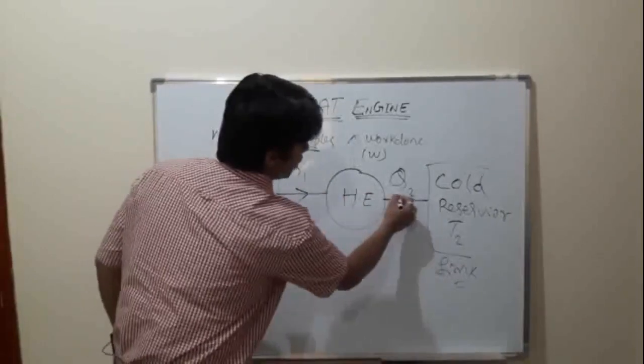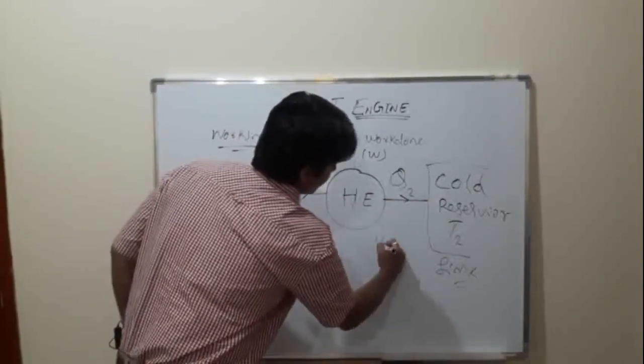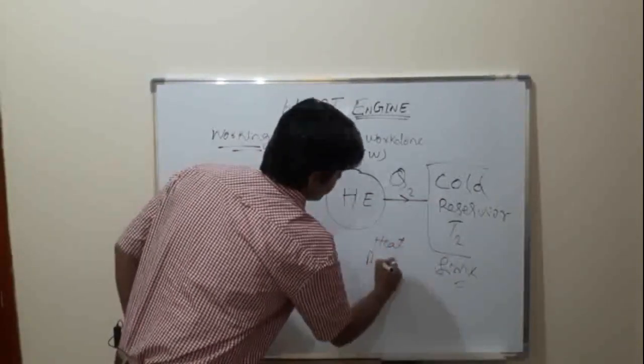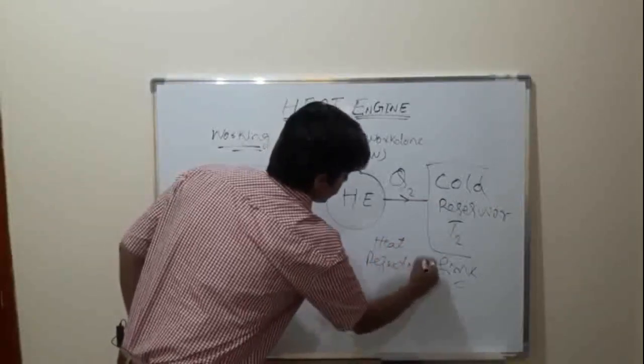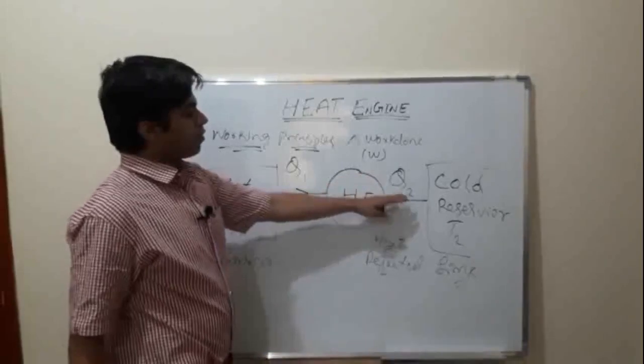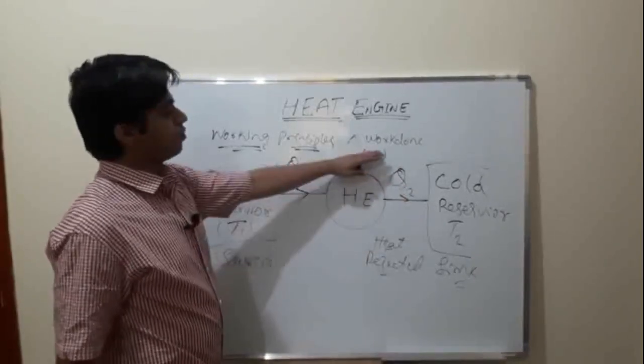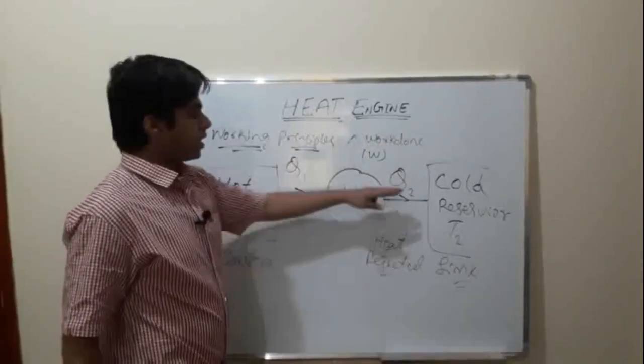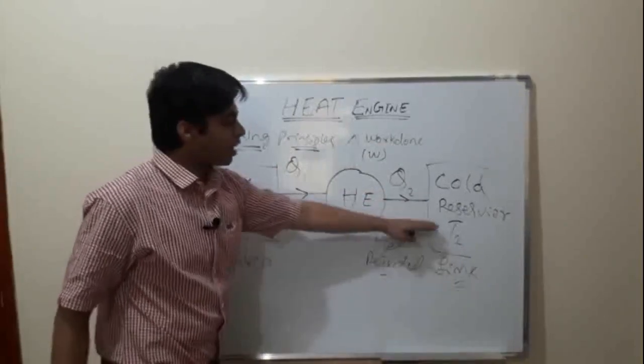Q2 is the heat rejected, the heat rejected in the surrounding. That means some amount of heat is utilized to perform useful work done, and the remaining is rejected in the atmosphere.